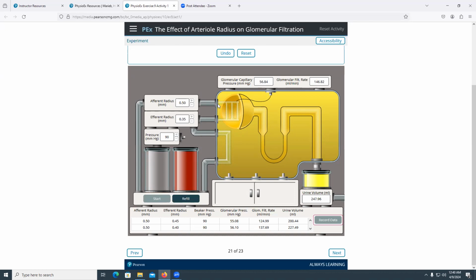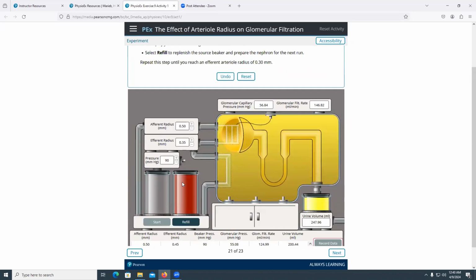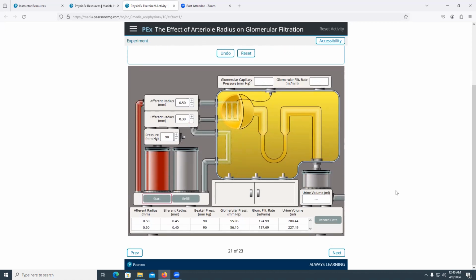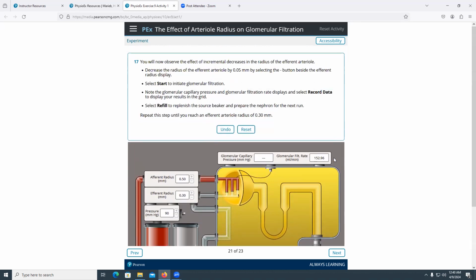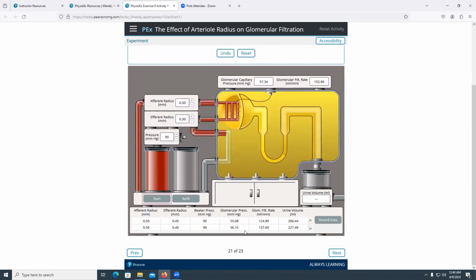Record data. And then the last thing is, let's refill one more time. 0.3, start. You see, since I started decreasing the efferent arteriole, the more I decrease the radius, the more glomerular filtration rate would increase, the more glomerular pressure increases, and the more urine volume that I get.